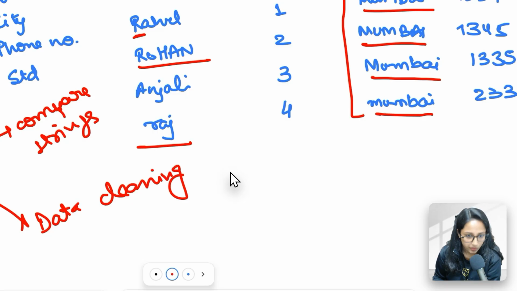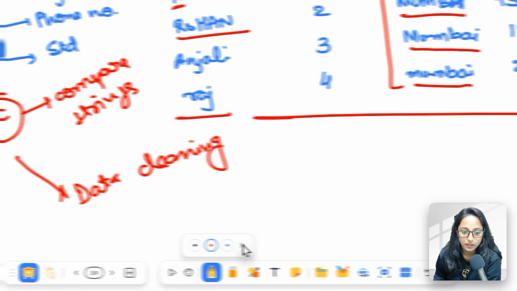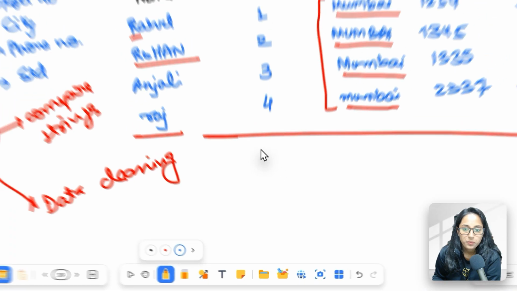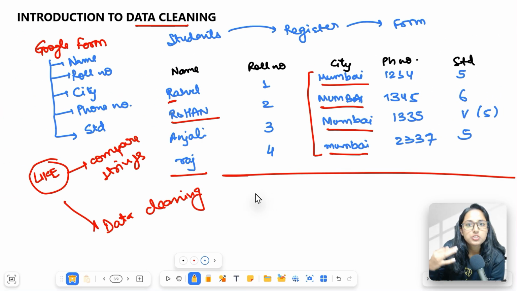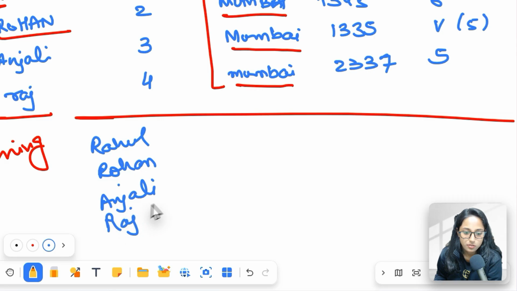So here I want to clean the data. How would that look like? I would make some constraints about name, roll number, city, phone number, and standard. I will make sure that only the first letter of the alphabet is capital. So it would be Rahul, Rohan, Anjali, and Raj.